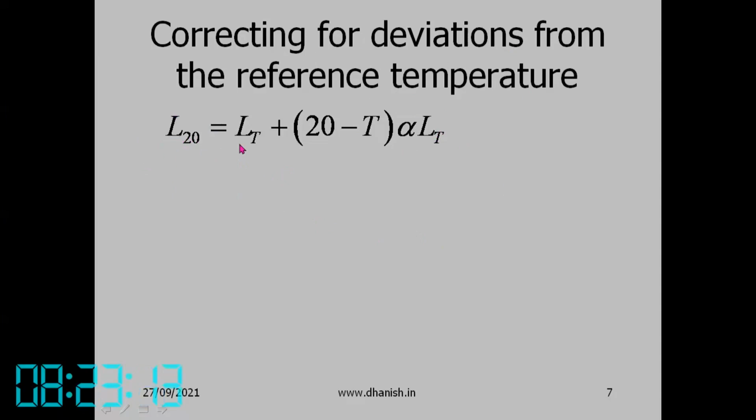So the length at 20 is equal to the length at temperature T plus (20 minus T) into alpha into the length at temperature T. By rearranging the previous equation, we can get this. Delta L is L20 minus LT, and if you substitute, you can derive this equation.